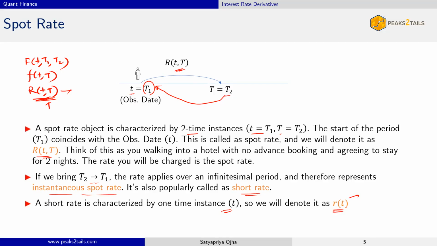It is r(t). This encompasses 3 time instances inside itself: it starts at t, is observed at t, and ends after one time instant. So you only need t. Okay, spot rate, I hope you understood. Let's proceed.